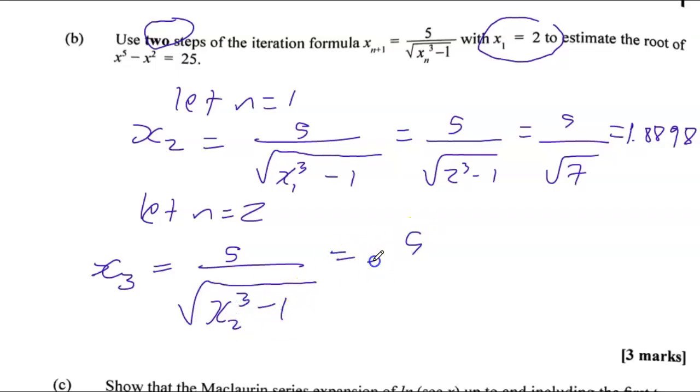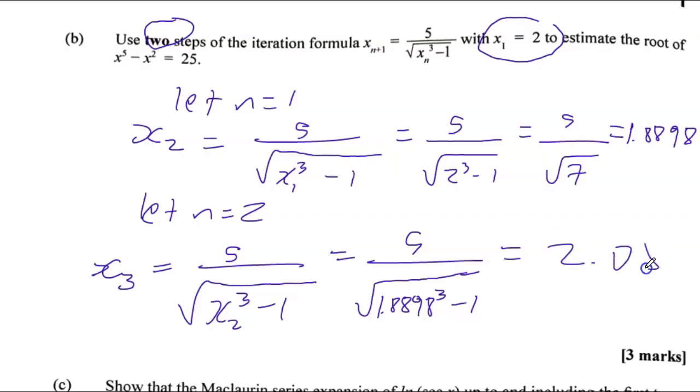Now we just found x subscript 2 to be 1.8898, so that's 1.8898 cubed minus 1. And we can put this in your calculator. So in your calculator, this will work out to 2.085 if I'm using 3 decimal places. Let's continue.